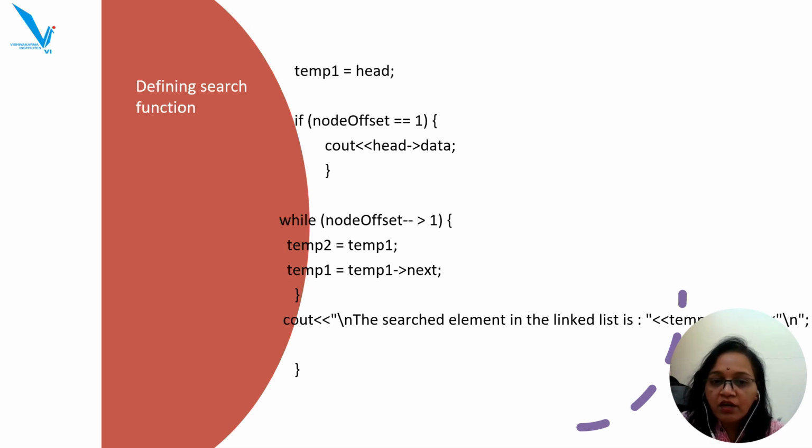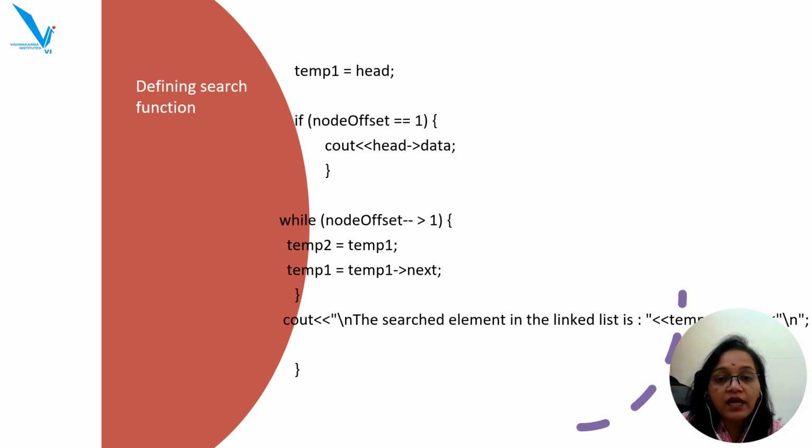It means your search position is 1, that means you want to find the data at position 1, node 1. Immediately you will find it because your temp1 is pointing to head itself. So in that case, just see out head of data. Whatever data is in the head, print it, right?